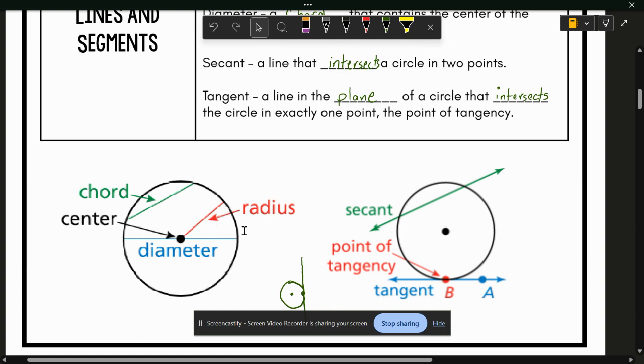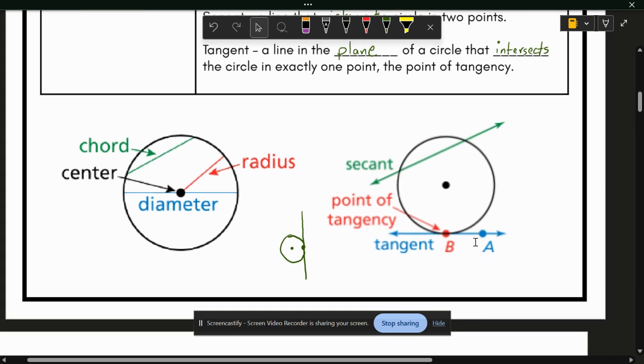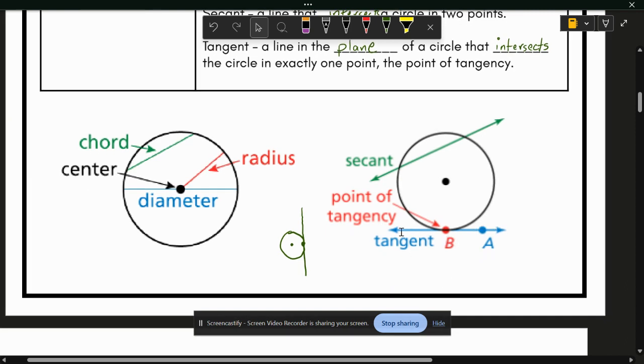The radius will always be the same length the entire way around your circle. Then you have over here, instead of line segments, lines. So a secant is a line. Notice there is a chord in every secant. And then the tangent is a line that touches at one point. We call it the point of tangency.